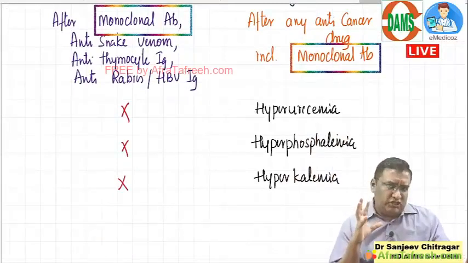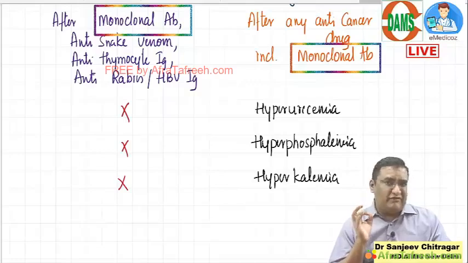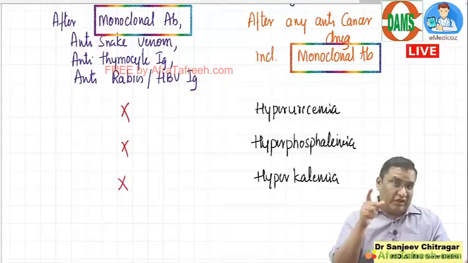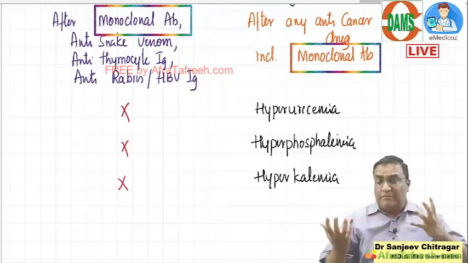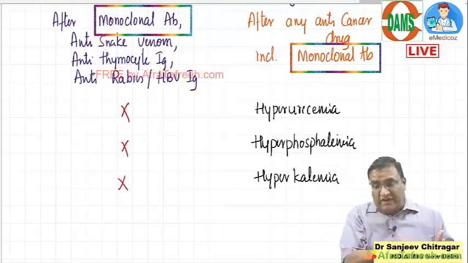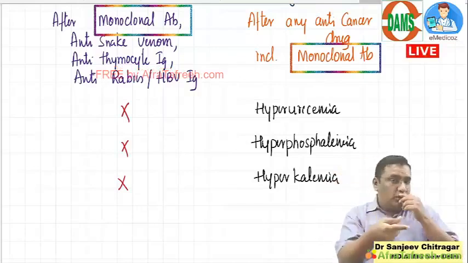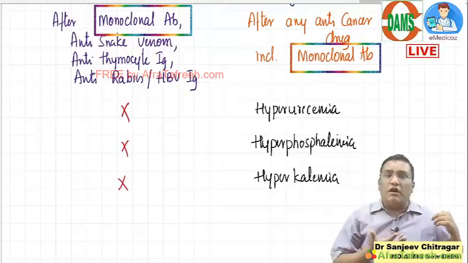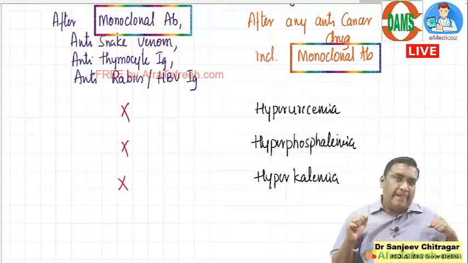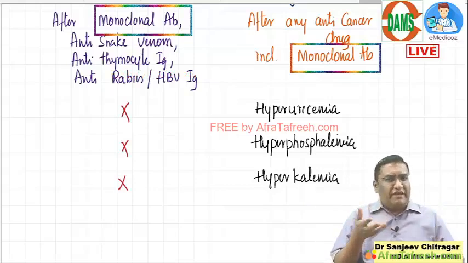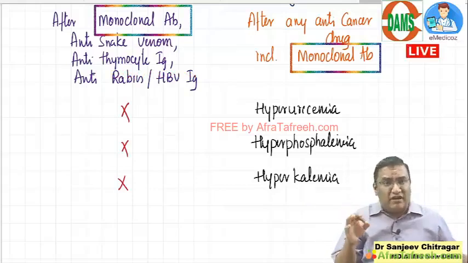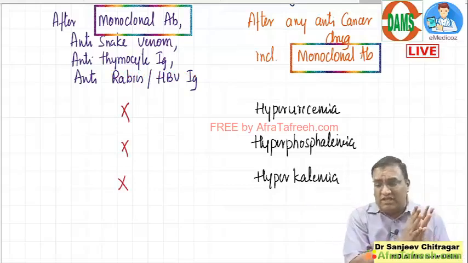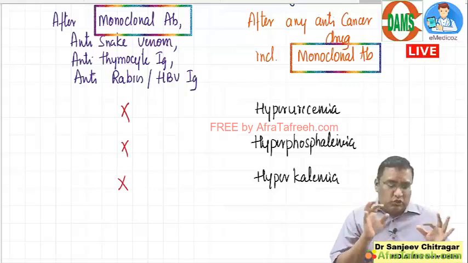Usually tumor lysis syndrome will have acute renal failure, but that doesn't mean acute renal failure doesn't happen in serum sickness, because serum sickness can cause glomerulonephritis, and glomerulonephritis can lead to acute renal failure as well. So if they give you RBC casts in the urine, that is more in favor of serum sickness. That is how I will differentiate.